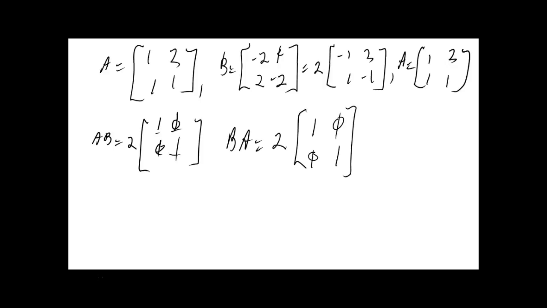Another important quality of matrices is that they do not have a general cancellation property for matrix multiplication. So if we know that AC happens to be equal to BC, can we conclude from that that A is equal to B? They're not the same.